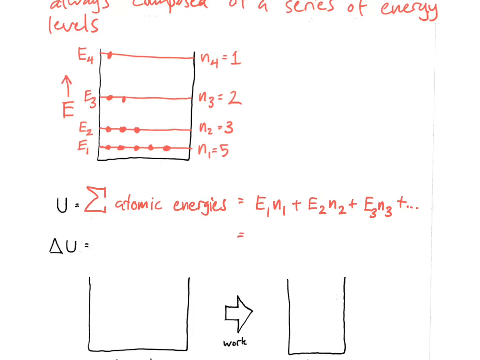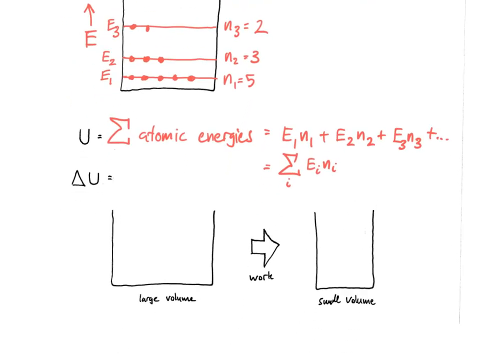And really we can just say that this is equal to a sum over every level i of the energy of that level times the number of atoms that are in that level. Okay, so we can represent a change in the internal energy by making a summation over the energy levels like we did over here for the internal energy.